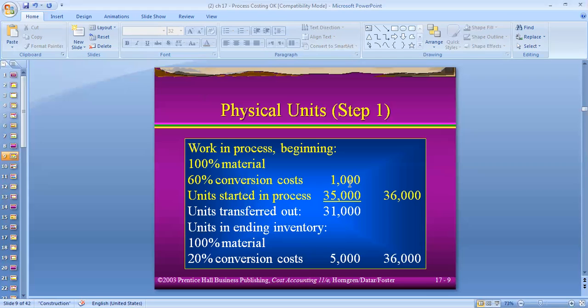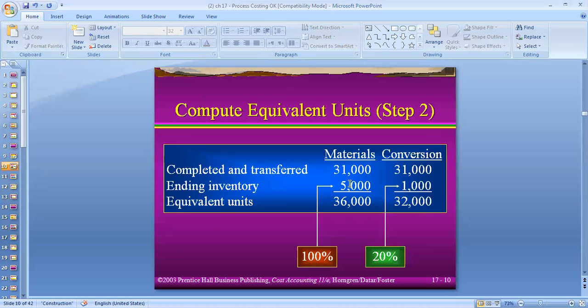We amalgamated the work in process beginning, the 1,000, plus the 35,000, and got 36,000. The completed 31,000, whether all are from the 35,000 or not, doesn't matter. The ending, whether from the 35,000 or part from the 35,000 and the remaining from the 1,000, doesn't matter because we have weighted average.